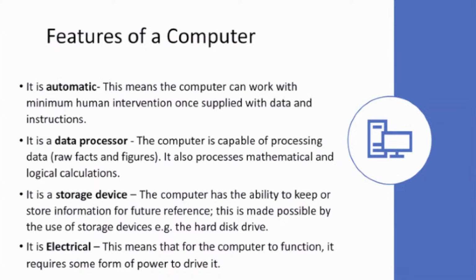Data preprocessor means a computer is capable of processing data. If we collect some data from any source, we have to process it. That means we are collecting raw data, which has no meaning by itself. We have to process it to give it meaning.